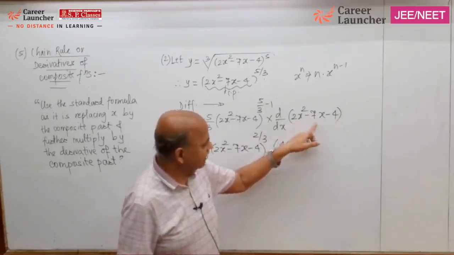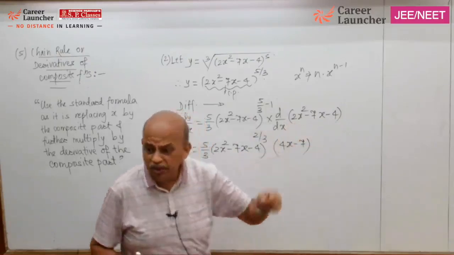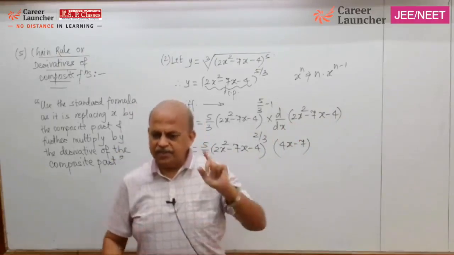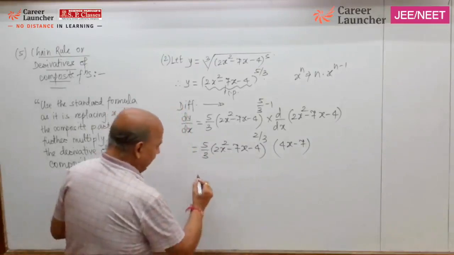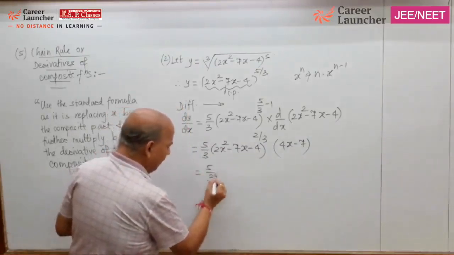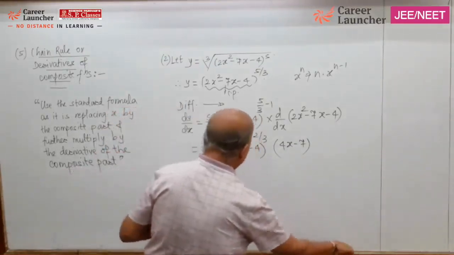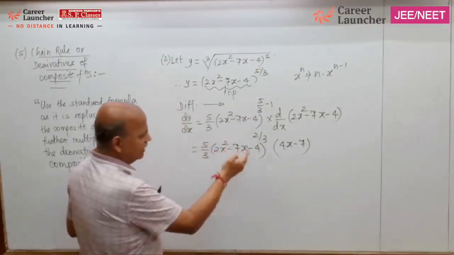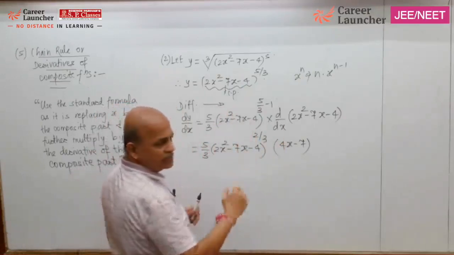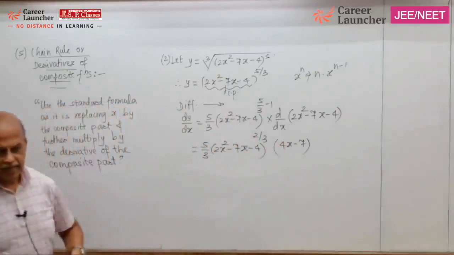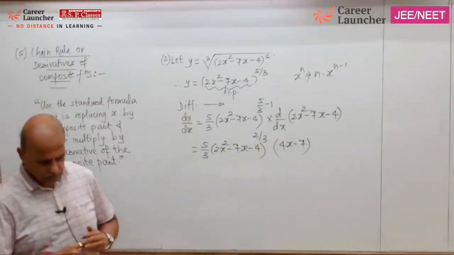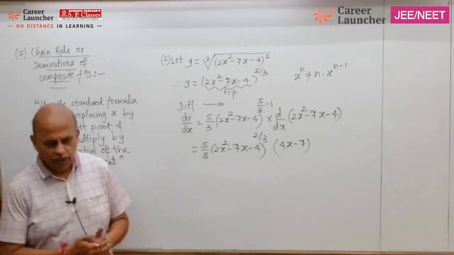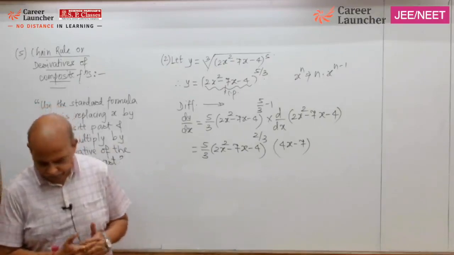And don't you feel 2 and 7 come with x? When it comes with x, it is a coefficient. Coefficient remains as it is. Derivative of a constant is 0. So finally you can write it like this: 5 by 3, 2x square minus 7x minus 4 raised to 2 by 3 into 4x minus 7. Come on, write it fast. So many examples to be covered during the lecture today.